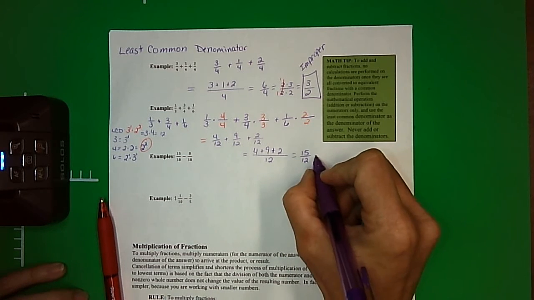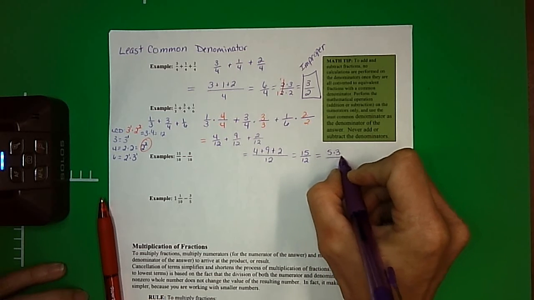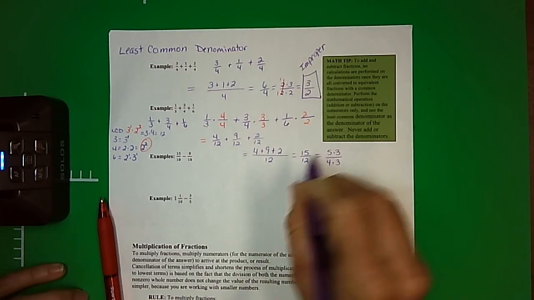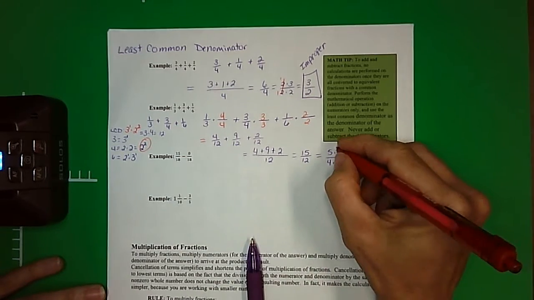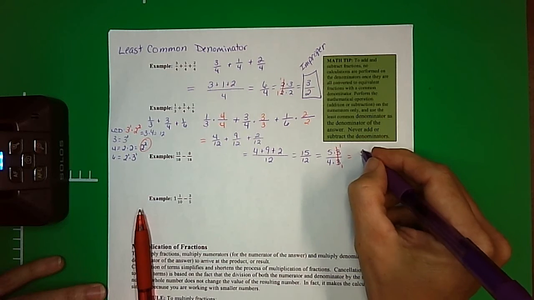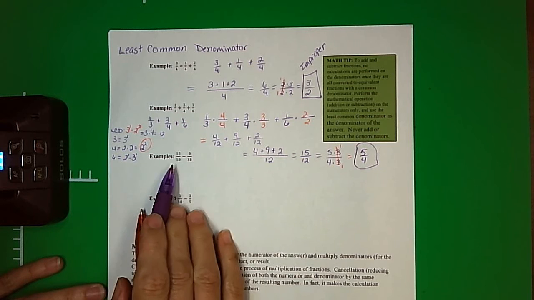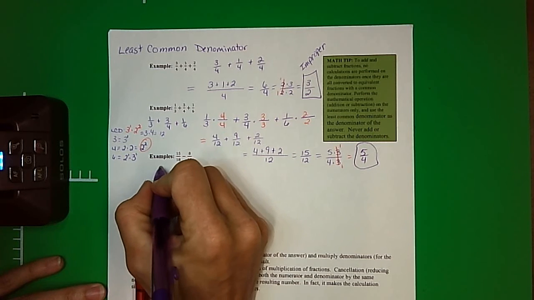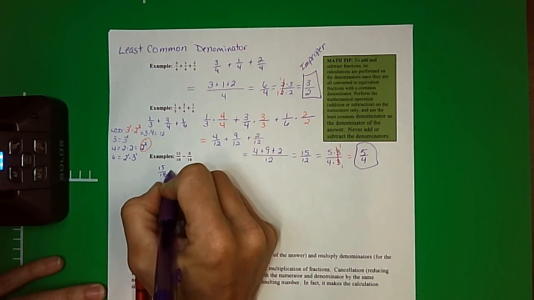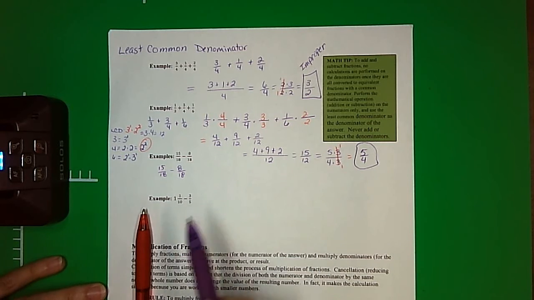And I can reduce this because I know that 5 times 3 is 15, and I know that 4 times 3 is 12. So I'm able to reduce it by 3, and it gives me 5/4. And again, this is an improper fraction. I'm going to let you do this example on your own. It's 15/18 minus 8/18. I apologize, I'm not sure if it's real clear on your end.